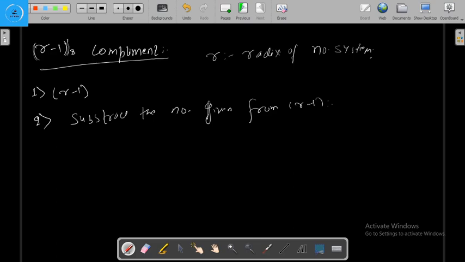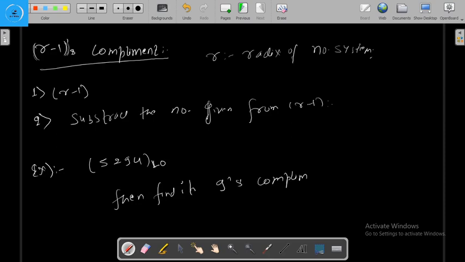Let's see our first example. Given the number 5294 in the decimal number system, here r equals 10, since it is a decimal number system.